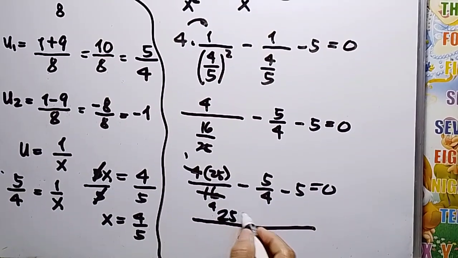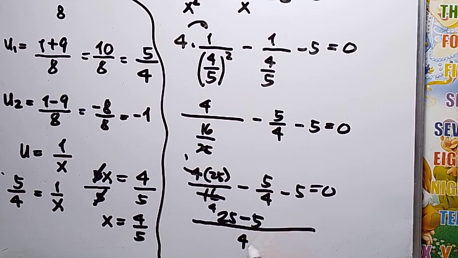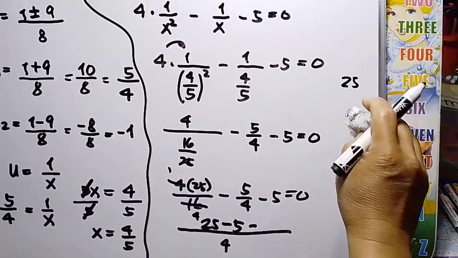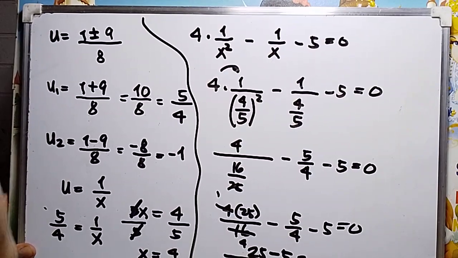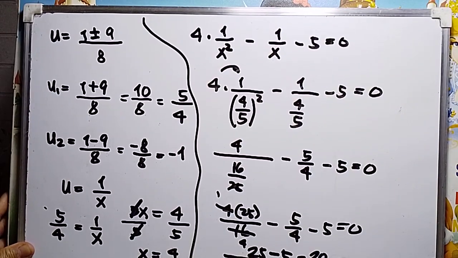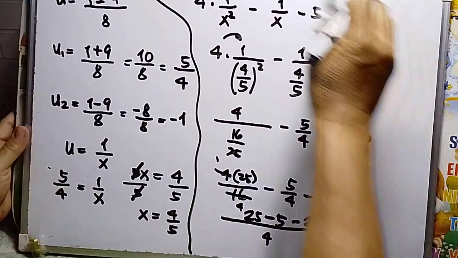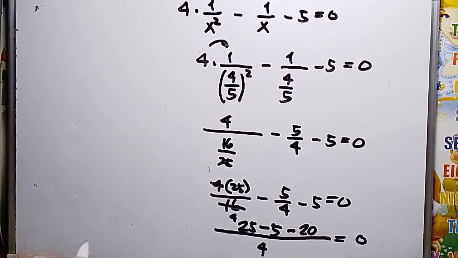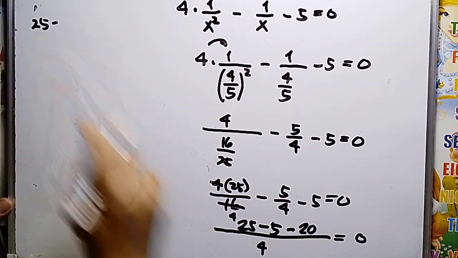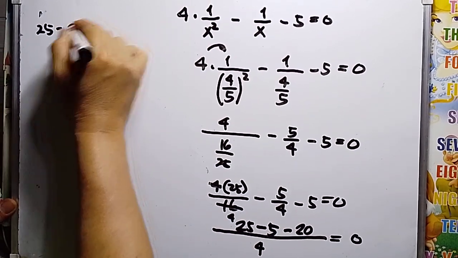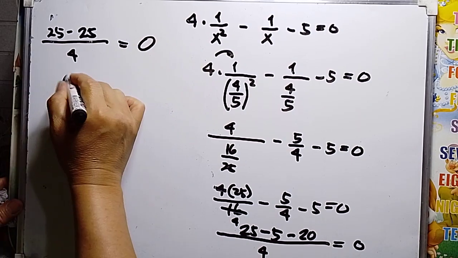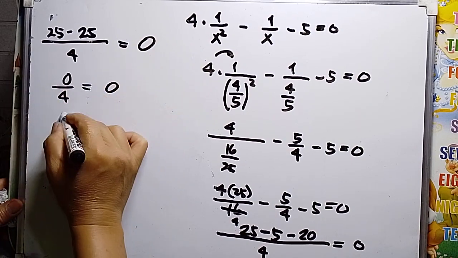Then this will be 25 minus 5 minus 20. So 25 minus 5, minus 20, that will be 0. Then over 4 equals 0. So 0 over 4 is 0.